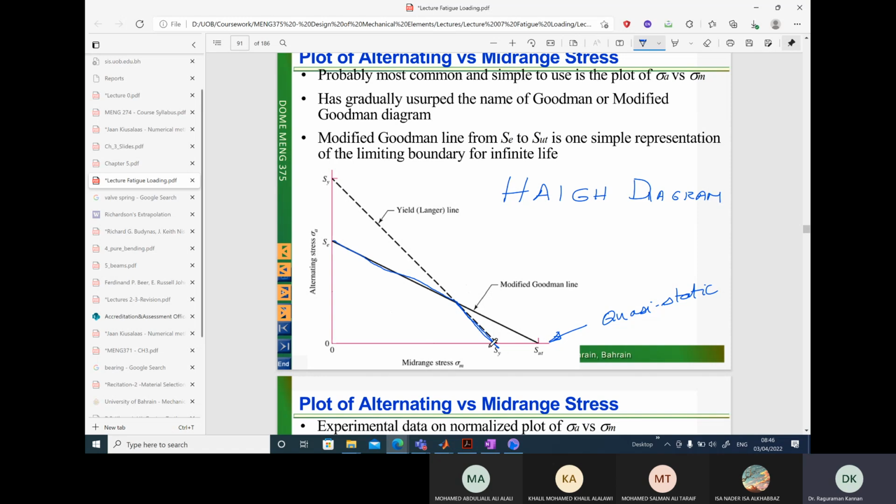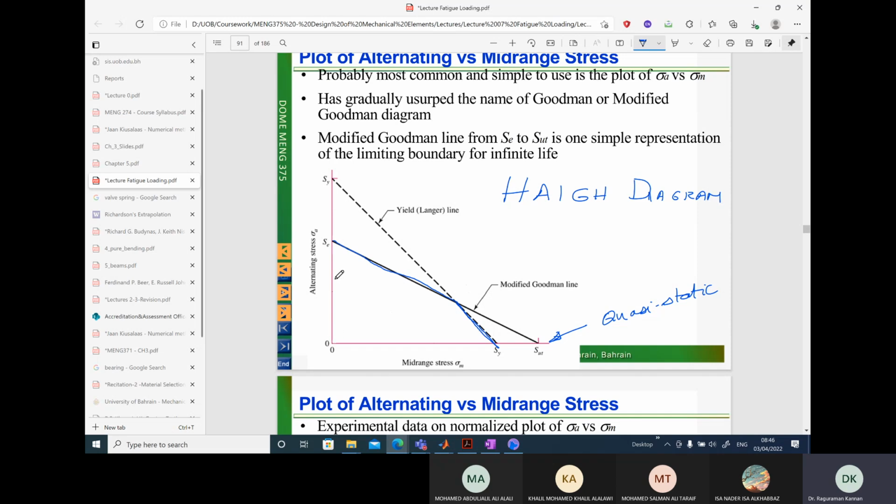Now let's do the opposite thing. I'm going to force my mean stress to 0 value, and then I'm going to increase the amplitude of load. So if I am right on the y-axis, what does it mean?